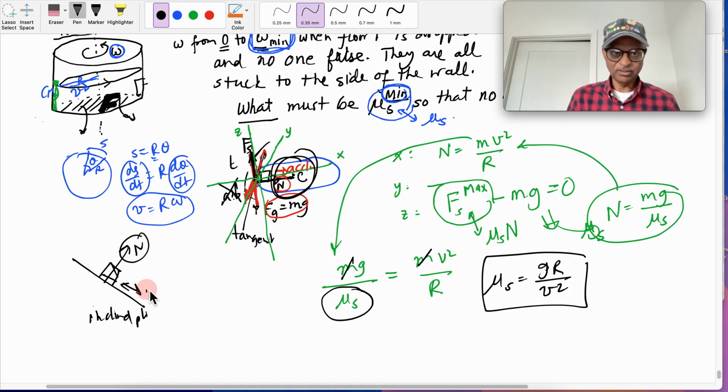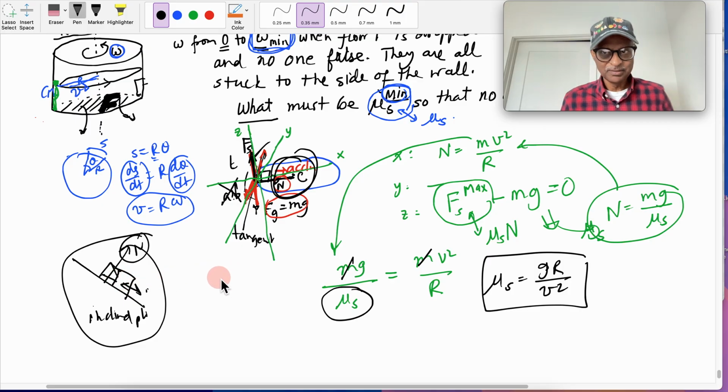So normal is not responsible for that acceleration. There, normal appears to be on the side. It's a force, but it's not really an active force. Here normal is the active force. Normal is the one which is keeping you going in a circle.